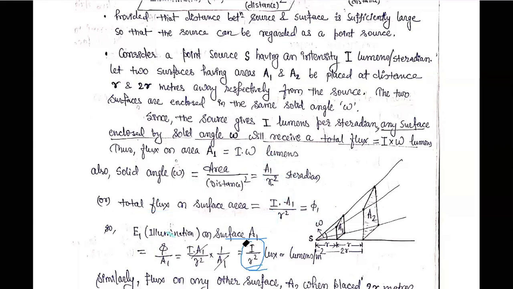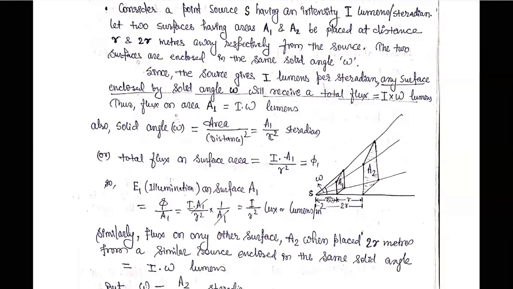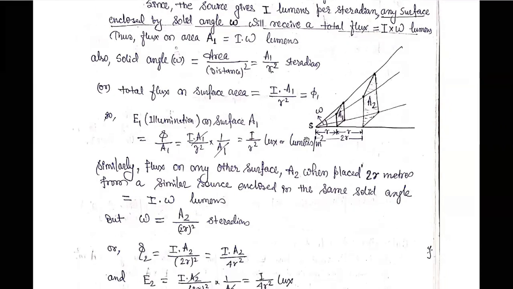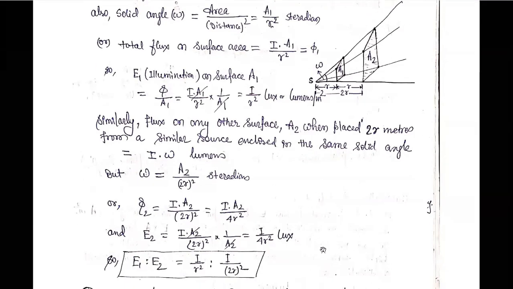Now let us consider the second surface. Second surface which is at a distance of 2R from the source. What will be the flux on this surface?